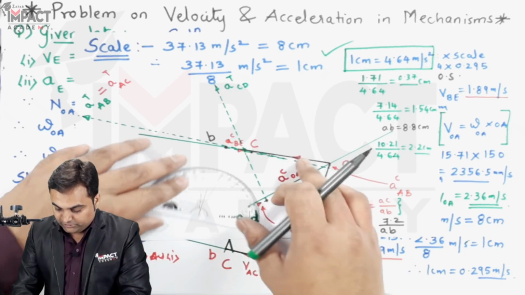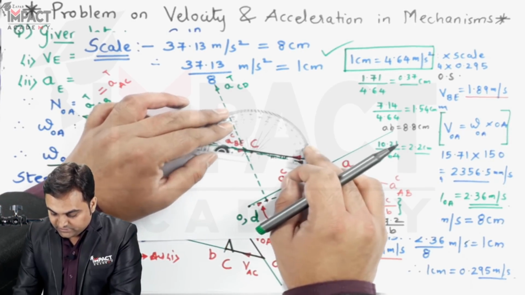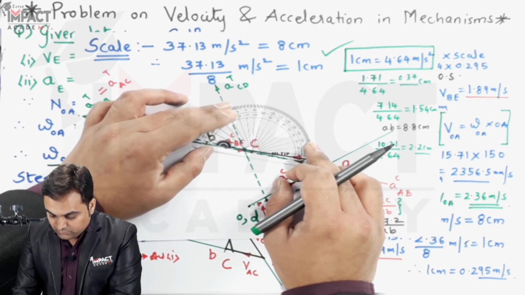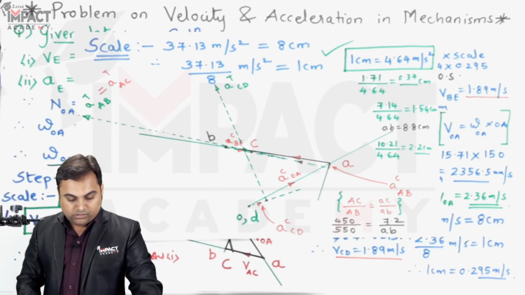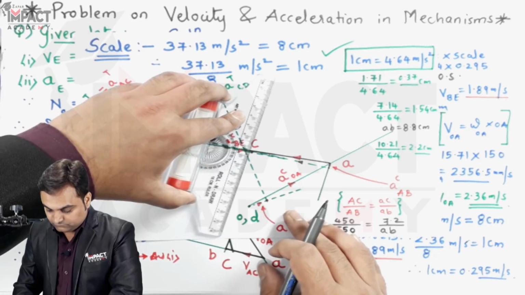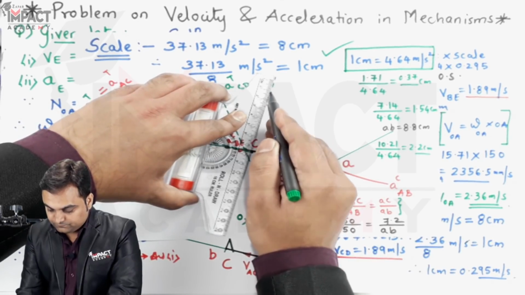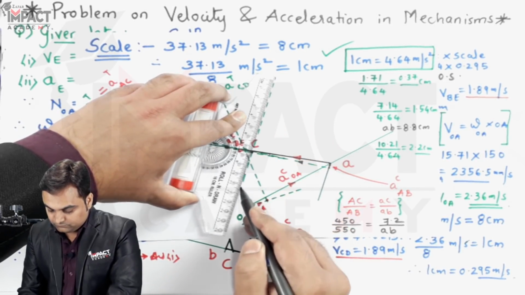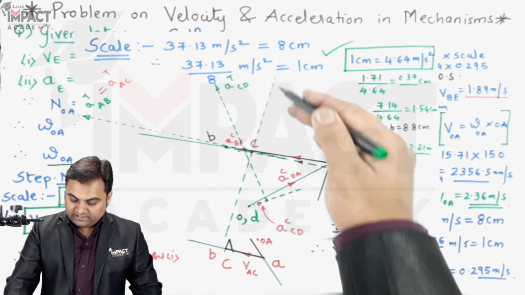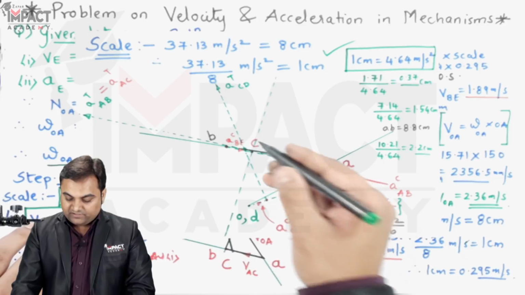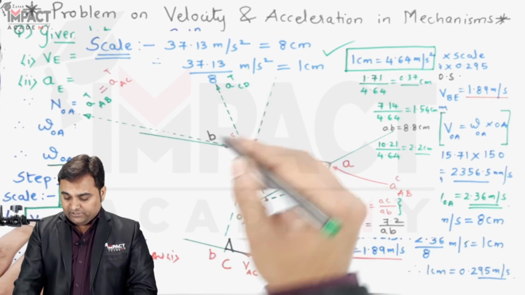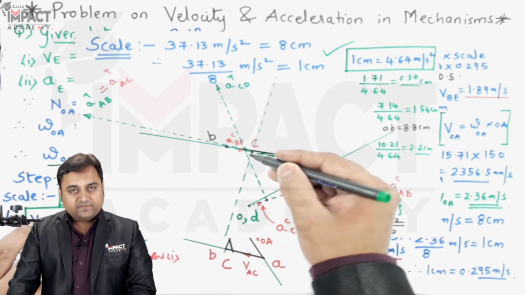Not exactly on point C, there is some difference here. Measuring 90-degree angle. Now this light perpendicular line would be showing the tangential acceleration.